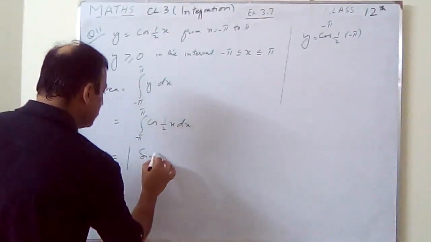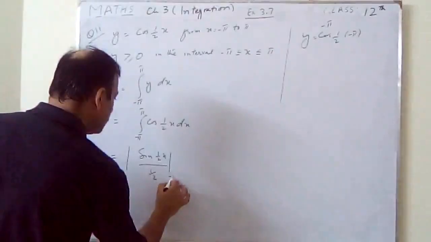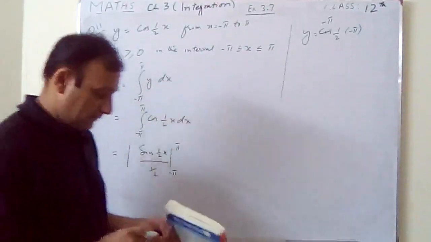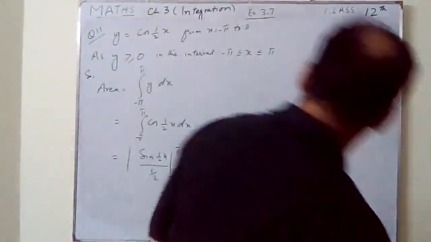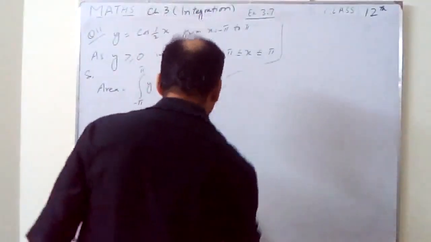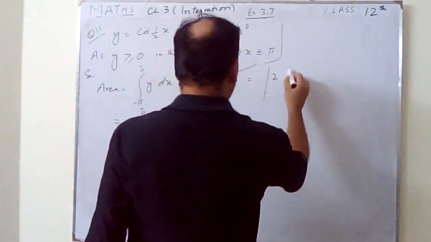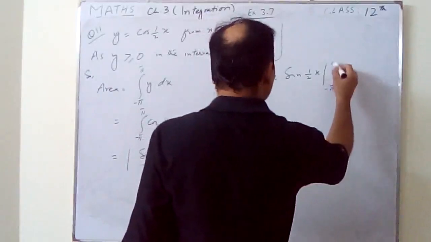Sine 1 over 2 x divided by 1 by 2, from minus pi to pi, or 2 into sine 1 over 2 x from minus pi to pi.